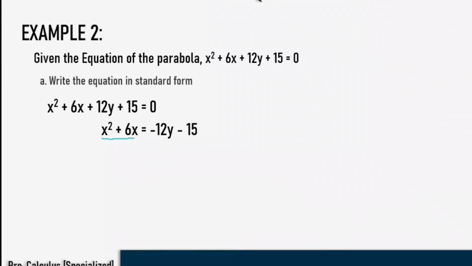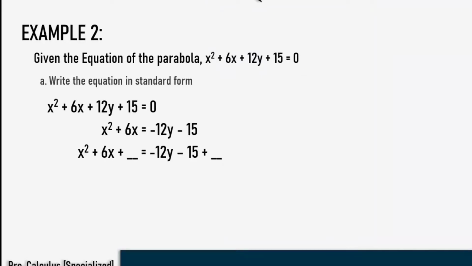Third, in this part, mag-provide na tayo ng spaces for the left and right side of the equation to make it balance. We have x squared plus 6x plus blank is equal to negative 12y minus 15 plus blank. Fourth, dito na natin i-divide by 2 ang linear term for the x only.